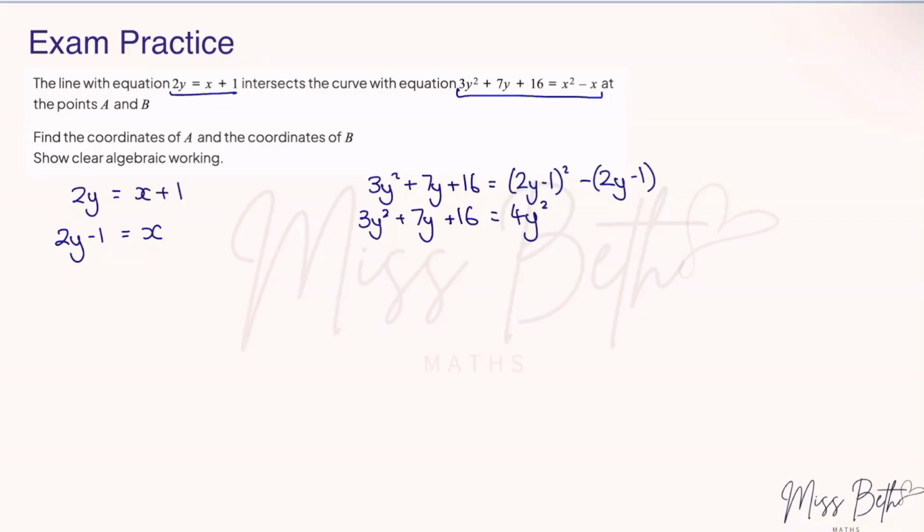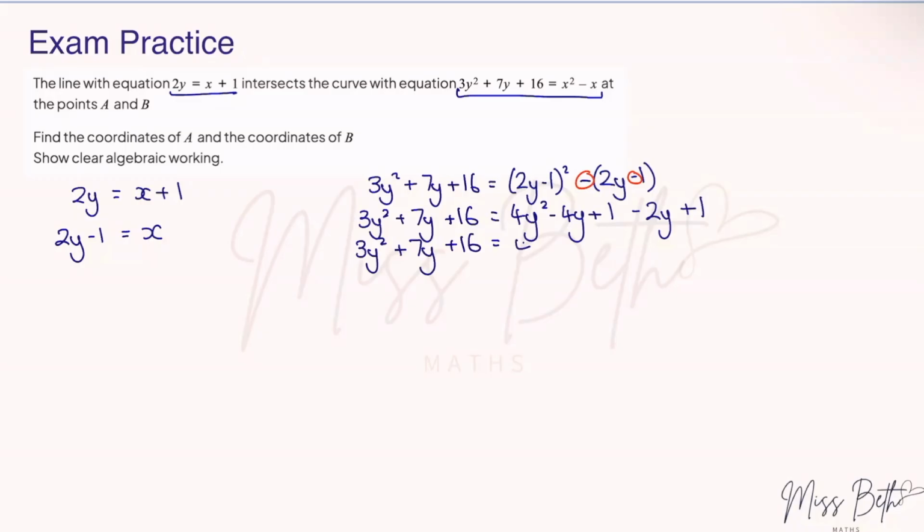So to expand the double bracket first, we'd have 4y squared minus 4y plus 1. And then we are subtracting 2y, but then adding 1 because we would have a double negative, so that becomes a plus. We want to simplify and then get everything onto the same side, make it equal to 0.